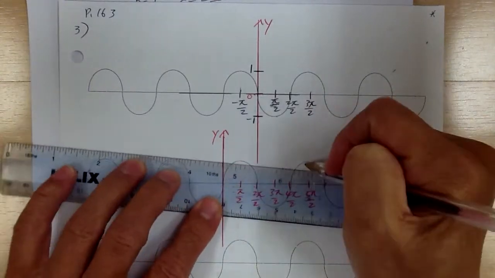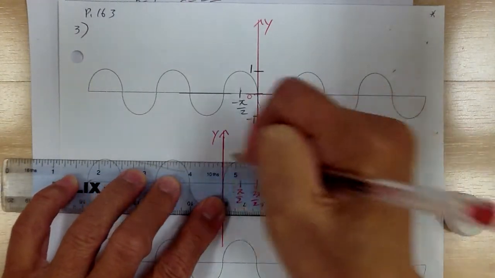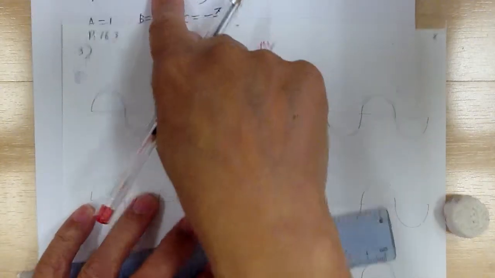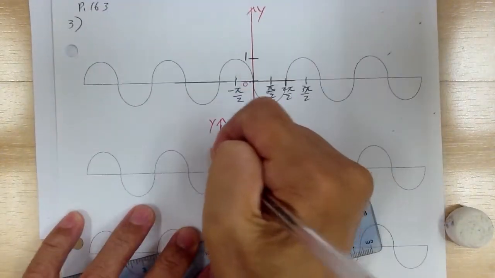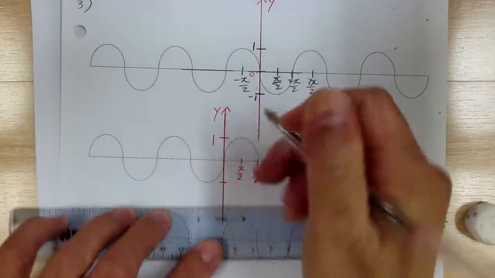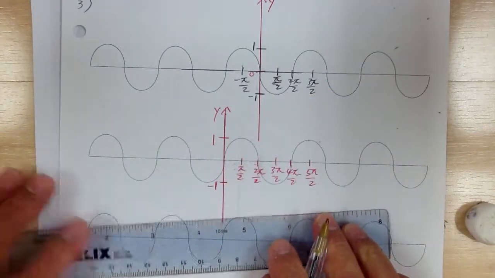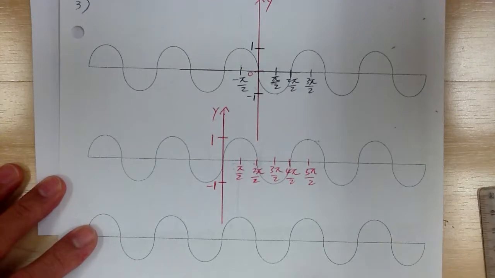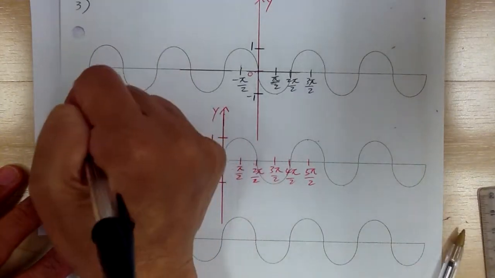And your amplitude, the A is 1, so this would be a 1, and this would be a negative 1. Okay, so this is number 4.